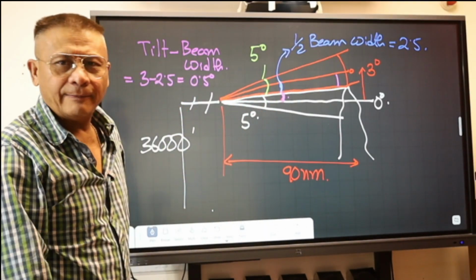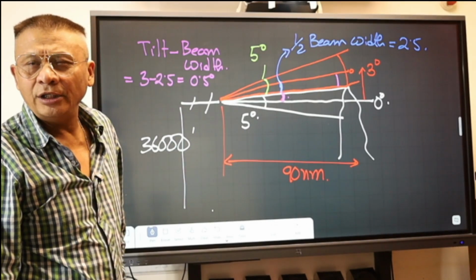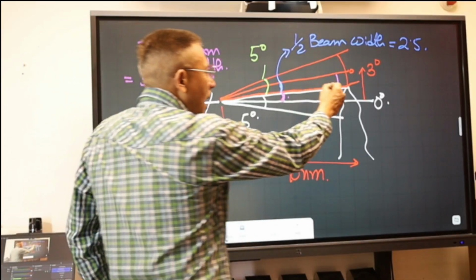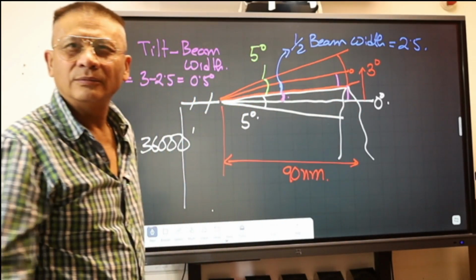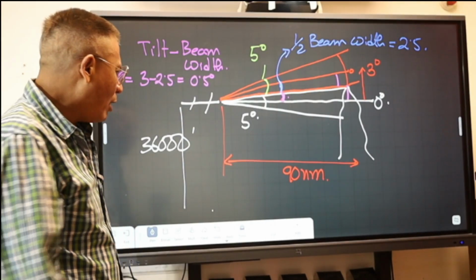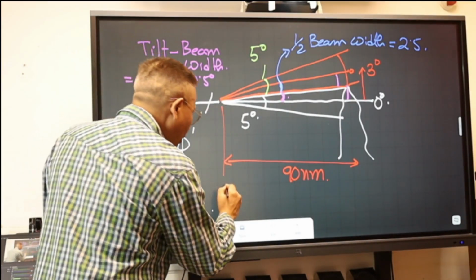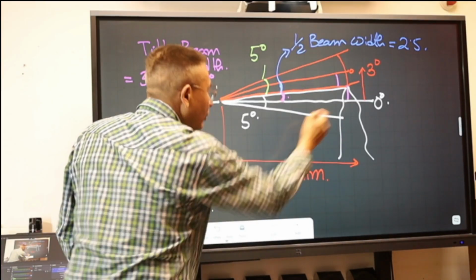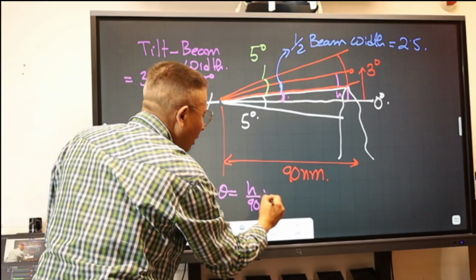We know that the cloud is at a distance of 90 nautical miles. So this height can be found out using the 1 in 60 rule. Using the 1 in 60 rule, theta is equal to this particular height h divided by 90, multiplied by 60.